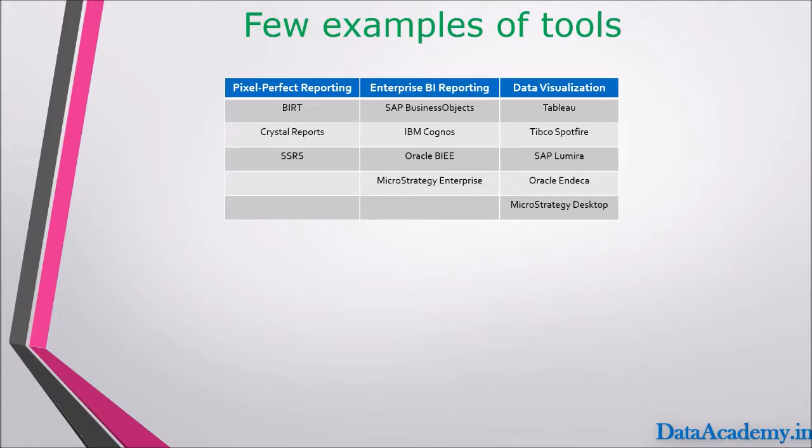You'll observe here that Oracle, SAP, and MicroStrategy, they have tools across the two different styles of reporting. So what that shows is that going forward, we will see a lot of such overlap, which is one tool being able to satisfy all the three different styles of reporting.